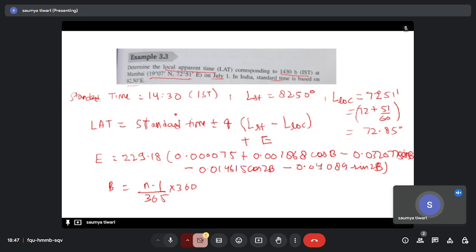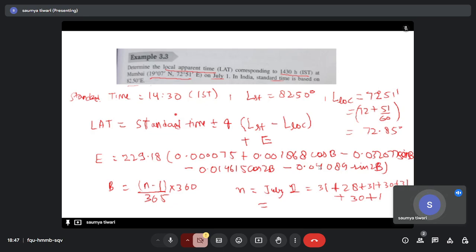Here the n value is for July 1st, right? For July 1st you can calculate the n value, which will be 31 plus 28 plus 31 plus 30 plus 31 plus 30 plus 1. We'll add this and we'll get the value of n.